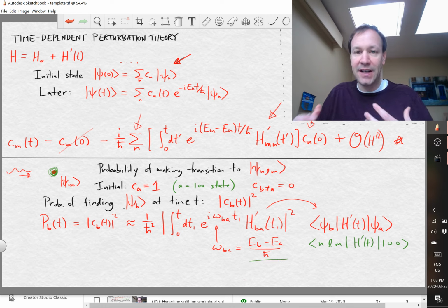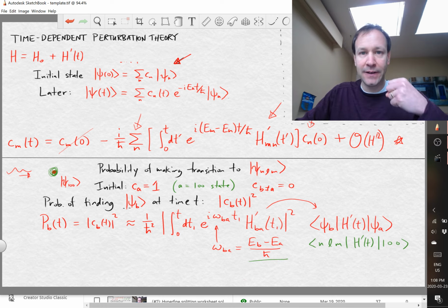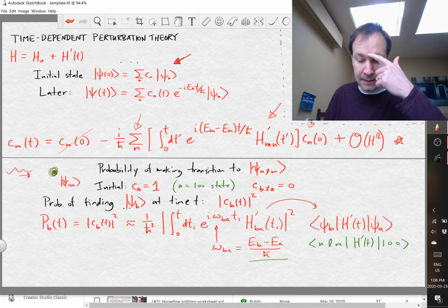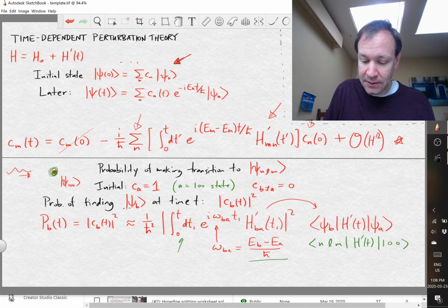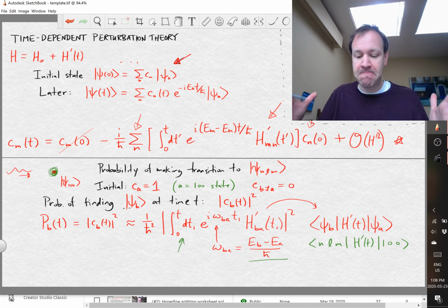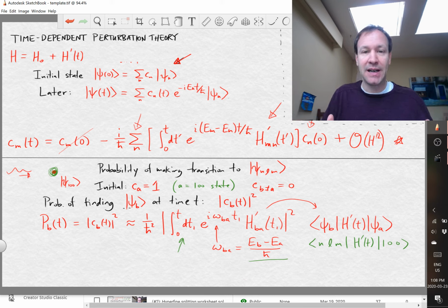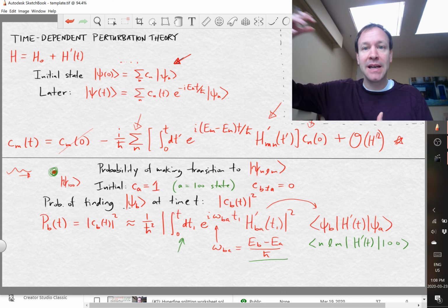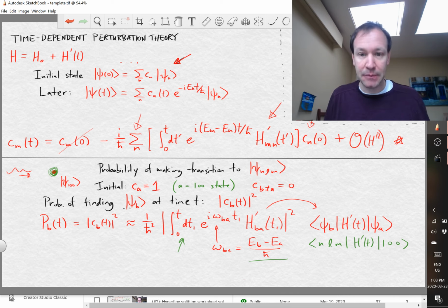Then we evaluate that frequency, which is just the difference in energies between the initial state and the possible final state. Then we actually do this integral here, square it, and divide by h bar squared, and that gives us the probability that we're going to find our state to have made a transition to some other state B.